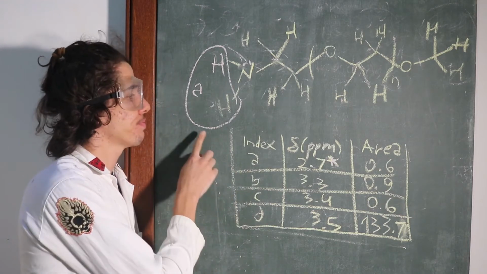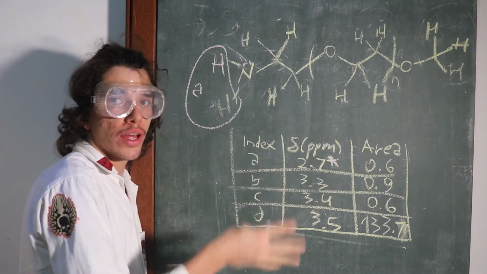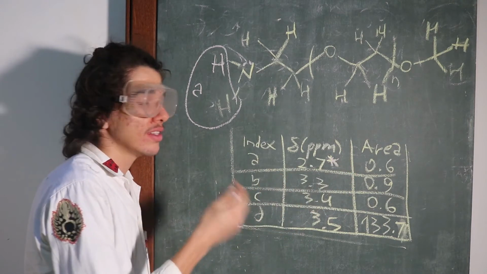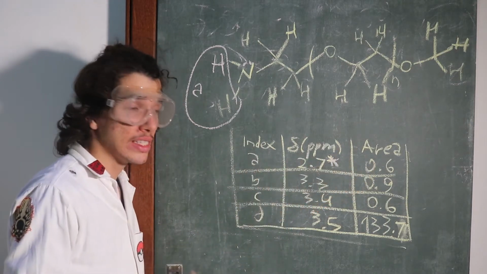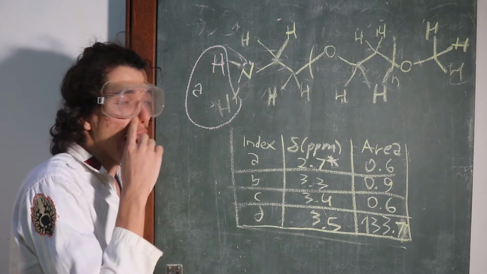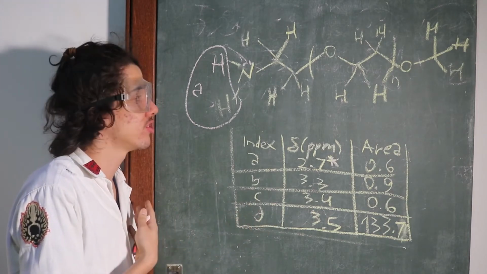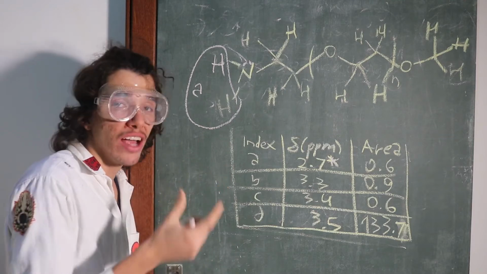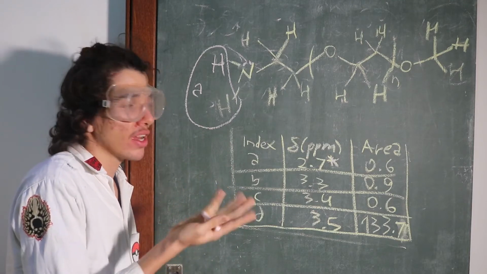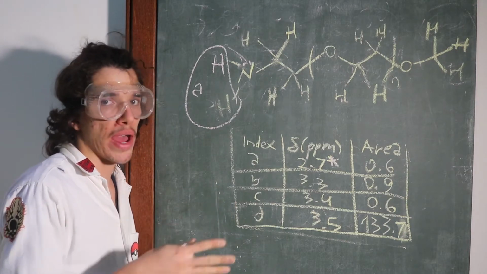Knowing that two hydrogens in the spectrum have an area of 0.6, and the area is proportional to the number of hydrogens, we know now that each hydrogen has an area of 0.3 on the spectrum.